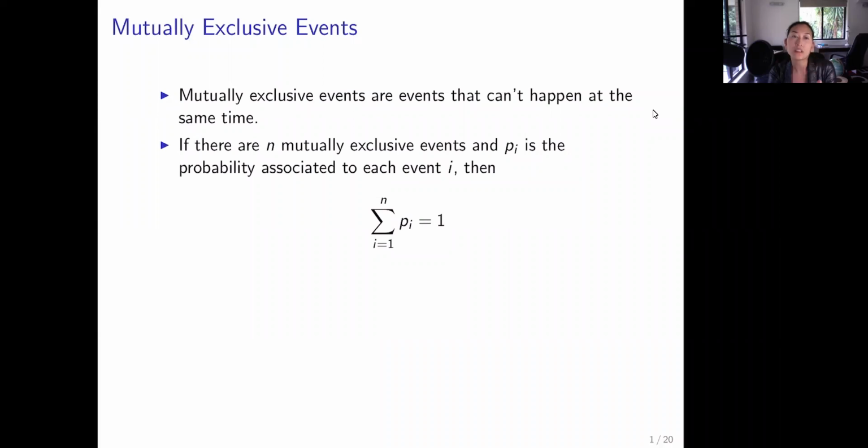For expected utility theory, at this level we are dealing mainly with mutually exclusive events. Mutually exclusive events are events that cannot happen at the same time, right? So if you are a girl, you cannot be a boy. Those are mutually exclusive events.